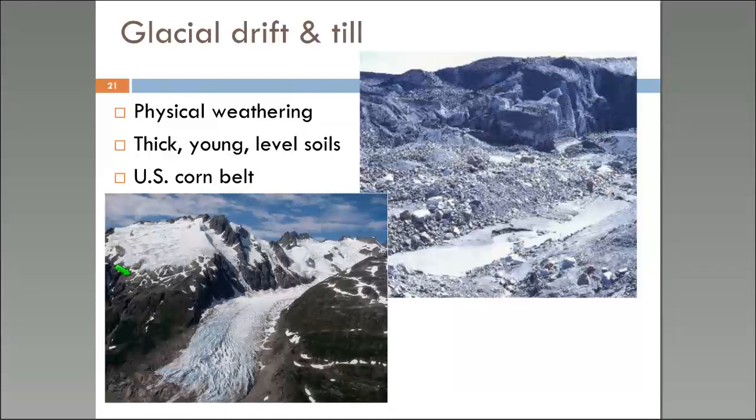And it's a great example of physical weathering. And in the Corn Belt, we're really fortunate to have these very thick deposits of glacial till. They're relatively young, so they're still quite fertile, and they're also quite level. So it has been a very rich resource for the United States for food production.